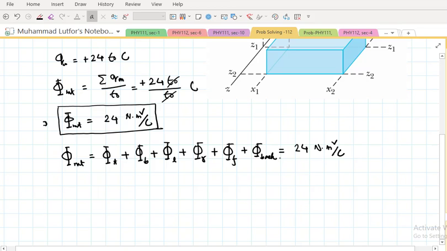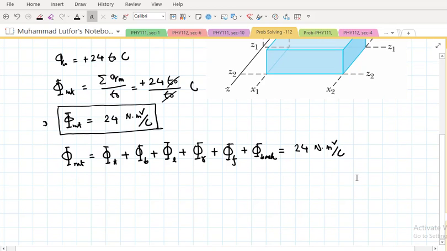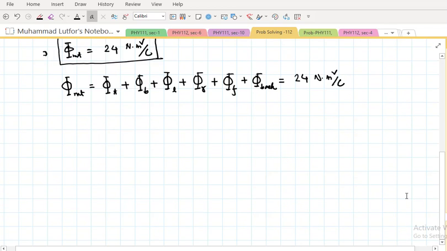Fine. Now I have to find the individual flux for each surface. So this is your front surface, this one back surface, left surface, right surface, top surface, and the bottom surface. How am I going to find the flux for each surface?